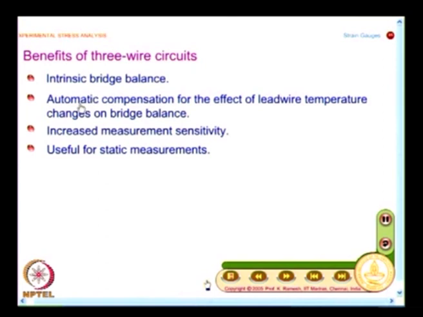It has the automatic compensation for the effect of lead wire temperature changes on bridge balance, and it also has increased measurement sensitivity, and definitely recommended for static measurements, because temperature effects are significant when you are measuring over a period of time.